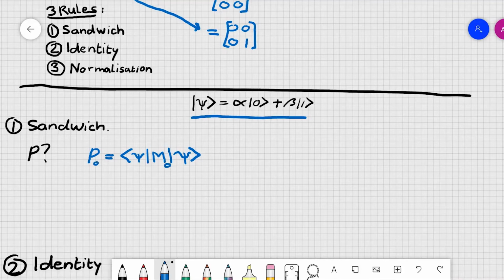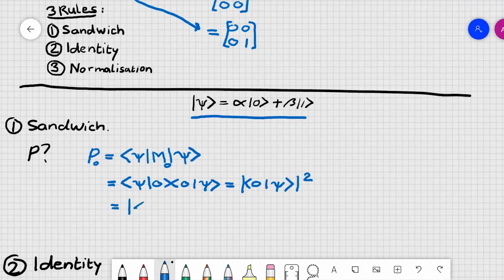So for instance, if we want to know the probability of measuring 0, we have to calculate the expectation value of M0. If we work that out and fill in |0⟩⟨0| for the measurement operator, this is the same as the absolute value of bra 0 ket psi squared, which is the inner product of the 0 state and the psi state. We can fill in the state vector psi here.